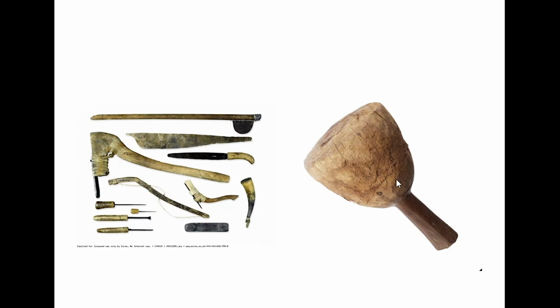On the right, a mason's mallet, made of wood, found in Upper Egypt, Deir el Bahari, and this is 18th dynasty, so that's 1550 to 1292 BC. Identical to what a stonemason would be using in the 21st century.